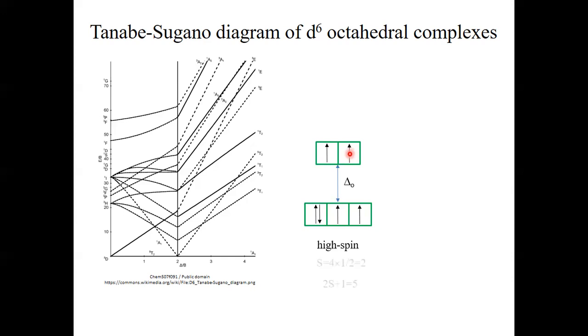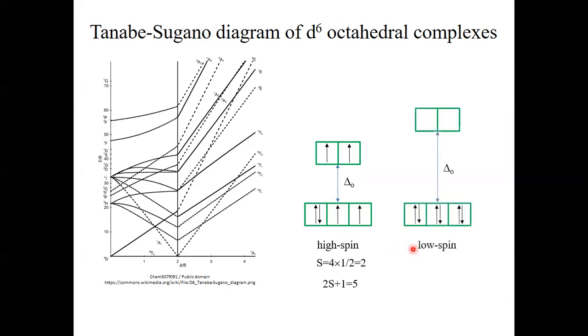So what is capital S? It's 4 times a half, that is 2. And then 2 times 2 plus 1 is 5, explaining why this term is a quintet term. Again, I want to stress that this is only one microstate out of several microstates belonging to this term, but this microstate determines capital S, and therefore it determines the spin multiplicity.